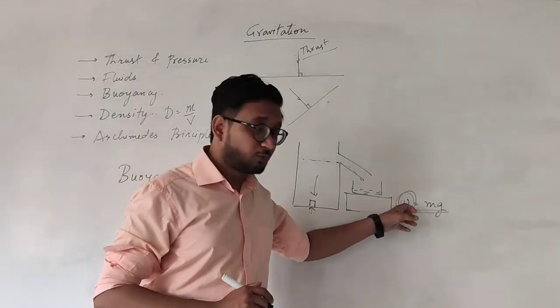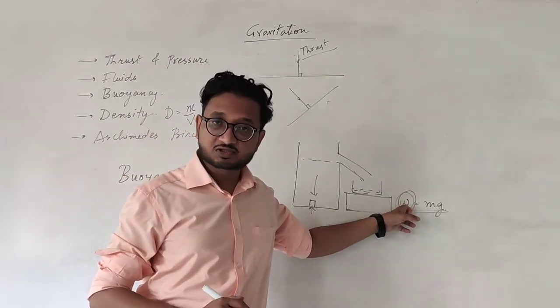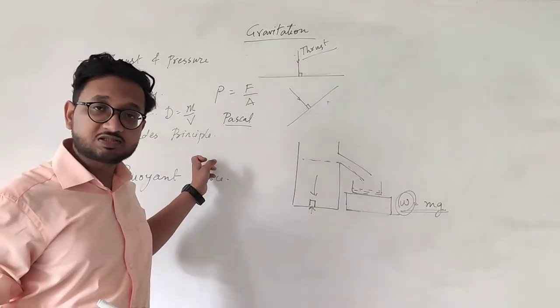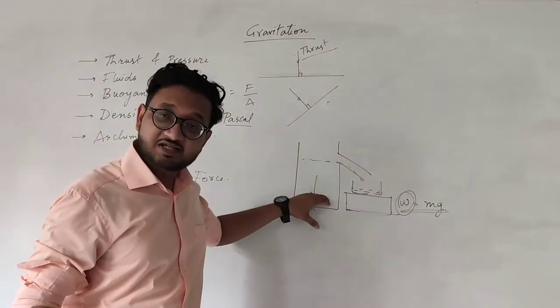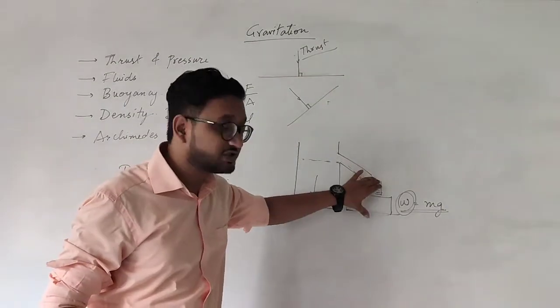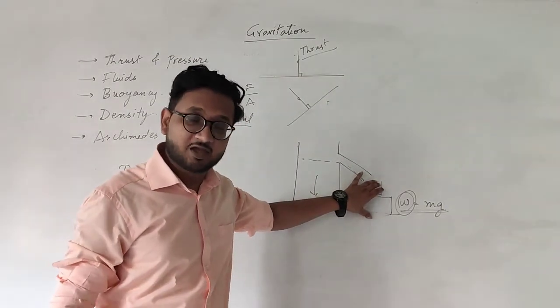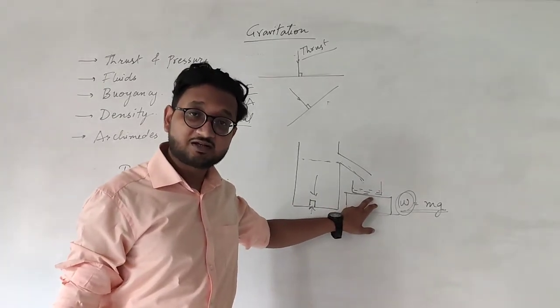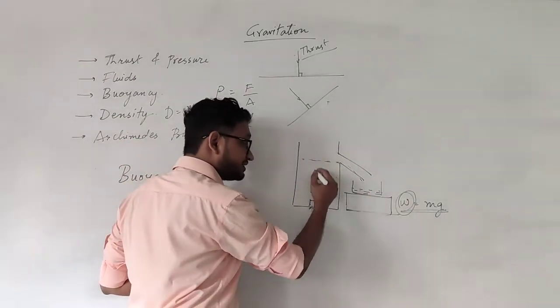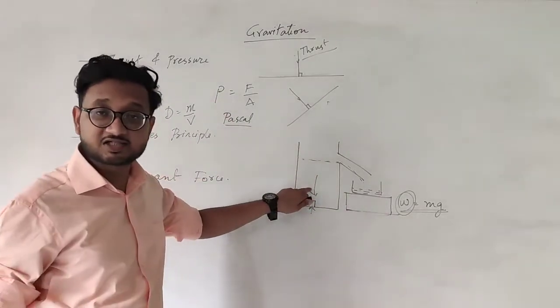What is weight? Weight is a force. What is buoyancy? Buoyancy is a force. So these two have a relation. When an object is immersed in the fluid, it displaces a certain amount of fluid. The weight of this displaced fluid will be equal to the buoyant force acting on the object inside the fluid.